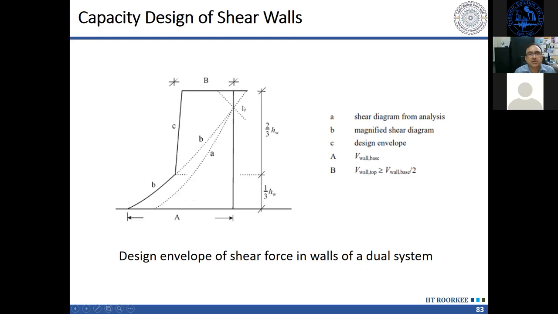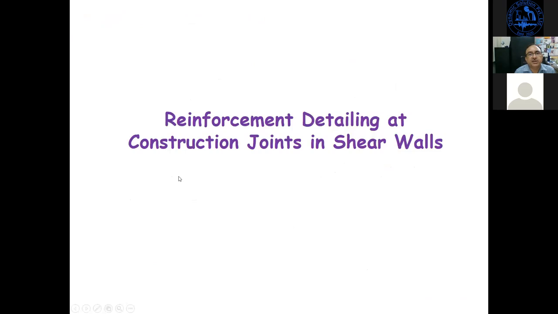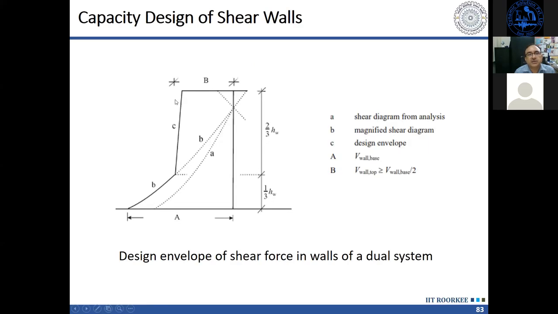Okay. In case of shear force, the envelope is decided like this. This is the original shear force diagram. Then we enhance this by a factor given in ACI 318. We continue this up to 1/3h, and above 1/3h, we design it for this constant shear force.